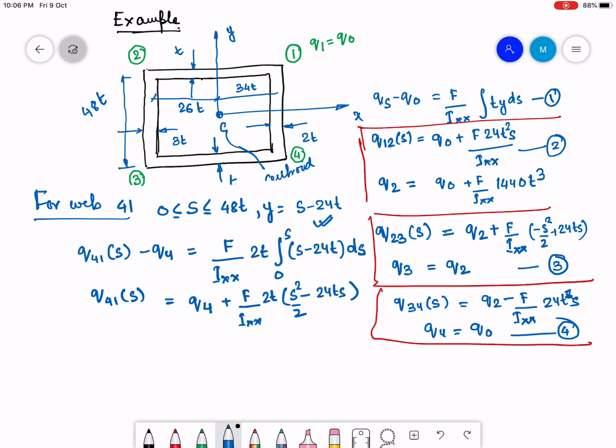Okay, so Q4 is Q0. So I have this as Q0 plus F by Ixx 2t S square by 2 minus 24tS.